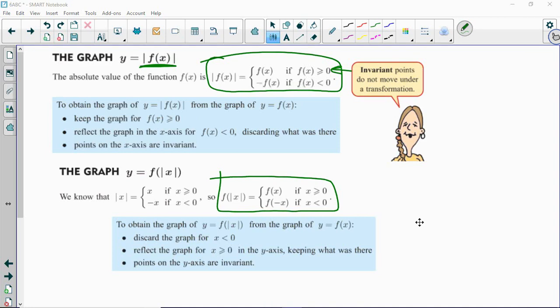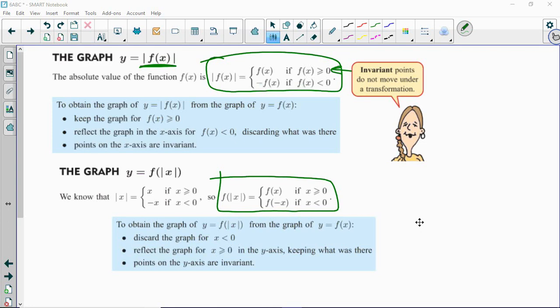So in this case, we're going to keep any points that are on the y-axis or to the right of it, get rid of everything else, but we're going to take those values that were to the right of the y-axis and reflect them, copy them over, in fact, onto the left-hand side.